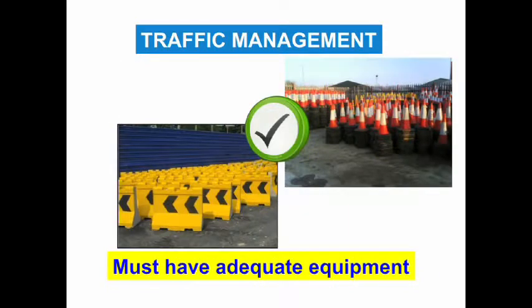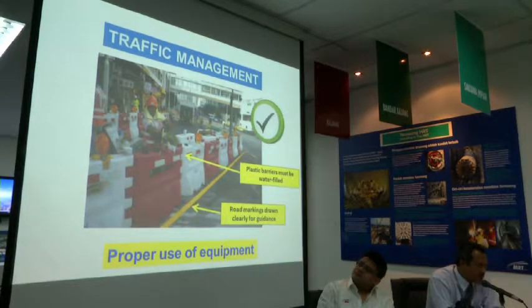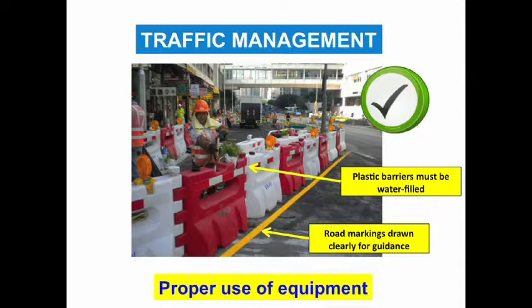Okay, and of course, to implement that successfully, we will make sure that there is sufficient equipment such as the cones and the protection barriers in place. When using the equipment, the contractors are required to use them properly in the correct manner, the way it's intended to be used.